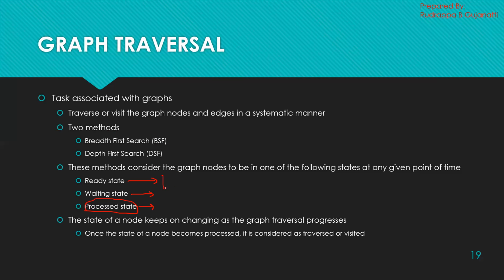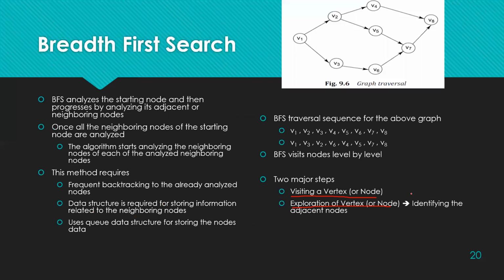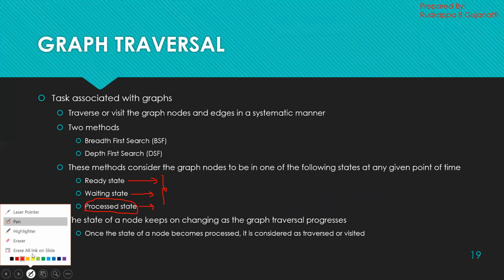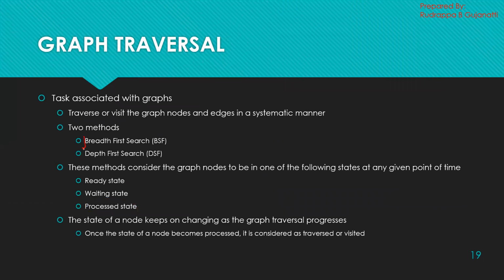So these states refer to visiting a vertex and exploring the vertex. Exploration is nothing but identifying who the neighbors of the node under consideration are. Let us look at those aspects when we discuss BFS and DFS.